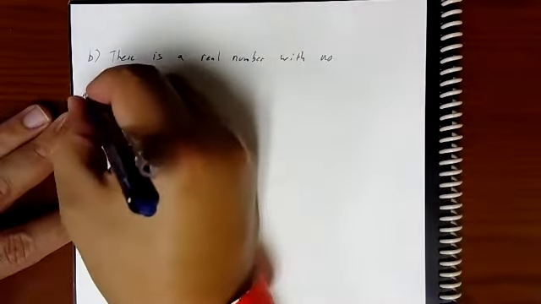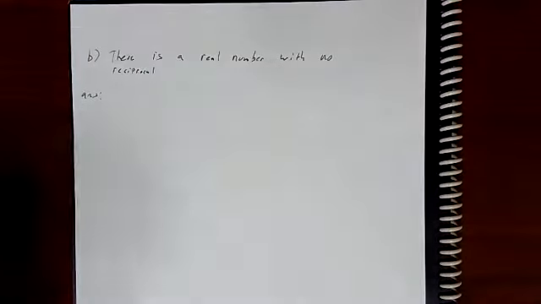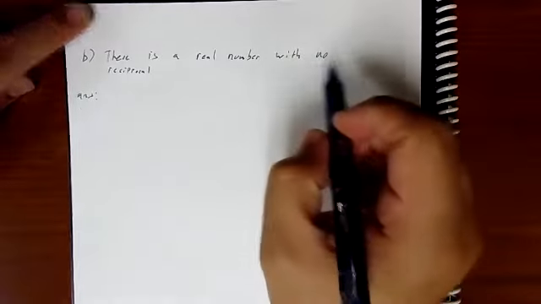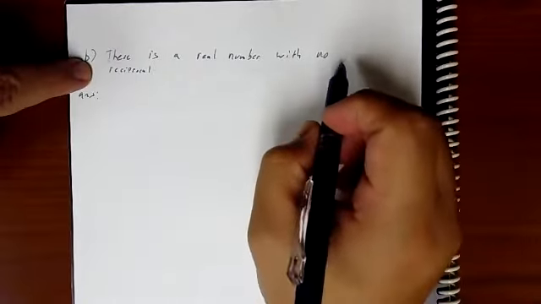So what is my answer here? There is a real number, so there exists a real number with no reciprocal. So there is none whatsoever.